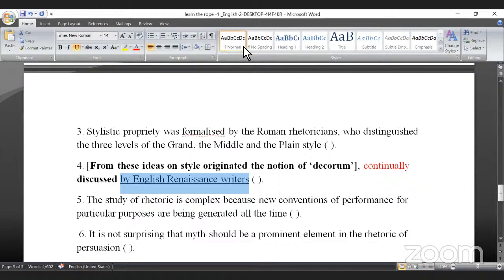So this is one way to identify it: anything that occupies your subject position or your object position has to be a noun clause. Get this? Don't get confused because there are too many words together. This can become a problem. Okay, so keep this in mind.